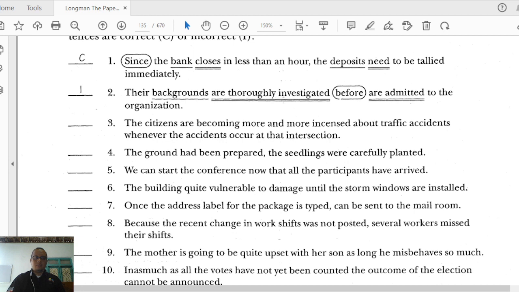Their backgrounds are thoroughly investigated before are admitted to the organization.